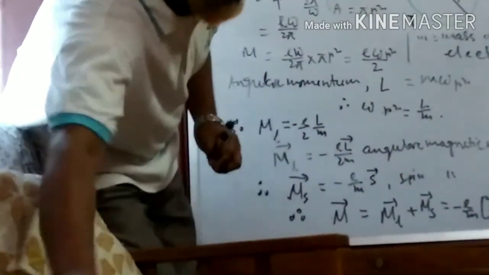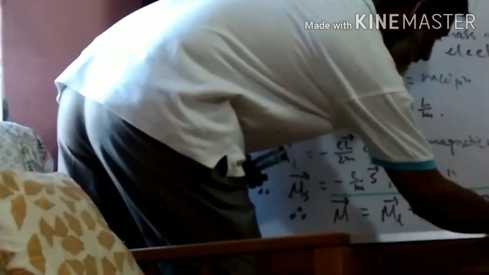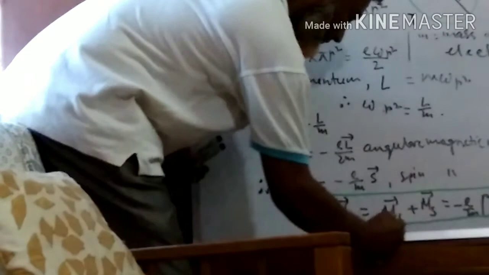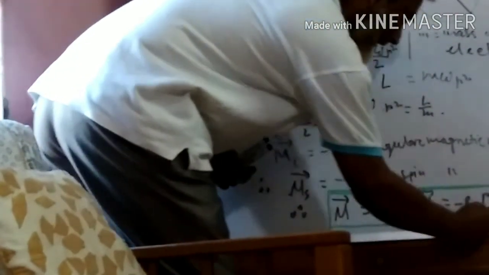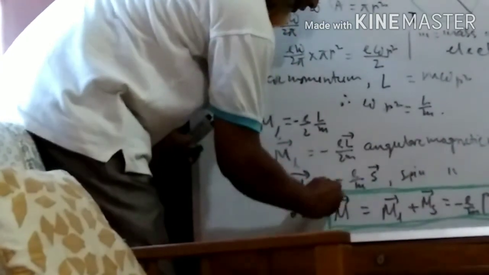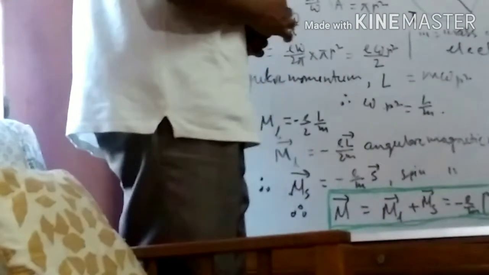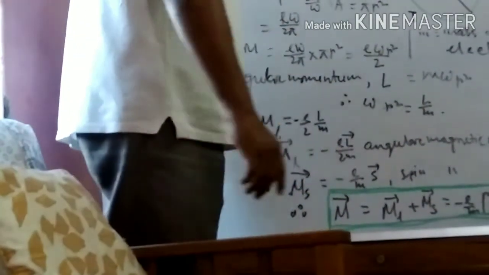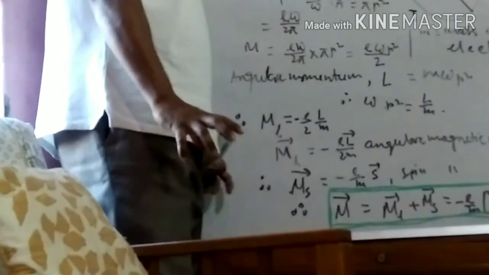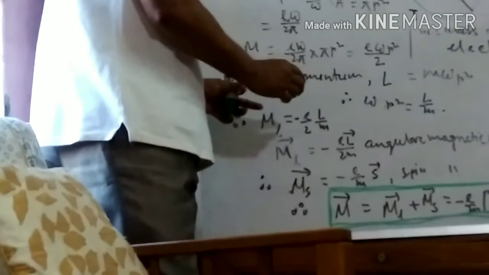So in this way we get the total magnetic moment produced by an electron in an atom. And this is the cause why we get magnetism in a magnetic substance. This magnetic moment is produced in an atom.